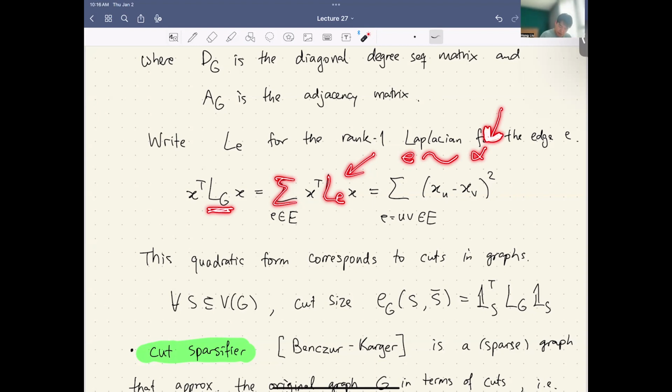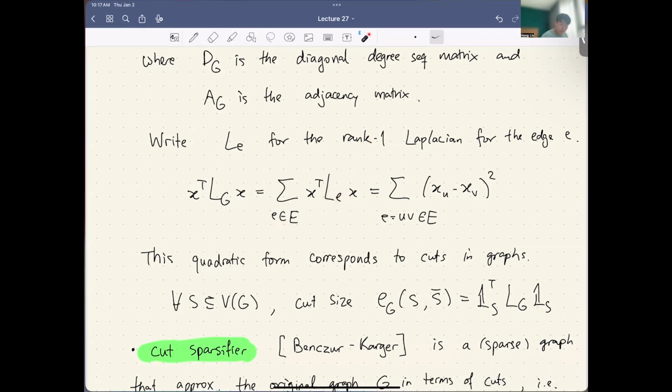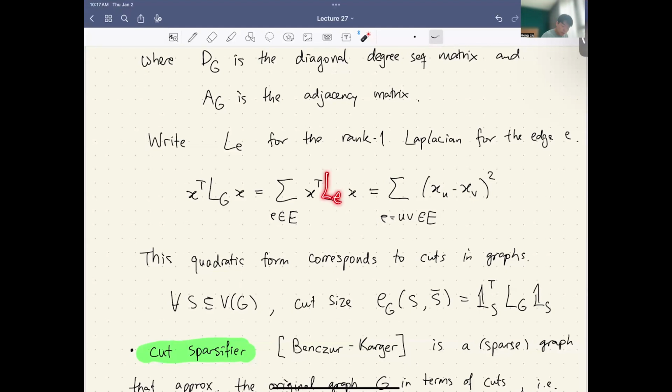If you view the graph as an electrical network, it is the resistance between the two end vertices of an edge when you inject 1 unit of electricity. So according to some parameter, one can sample this edge e, such that the expectation of this random sampling is the same as the Laplacian of the original graph G.